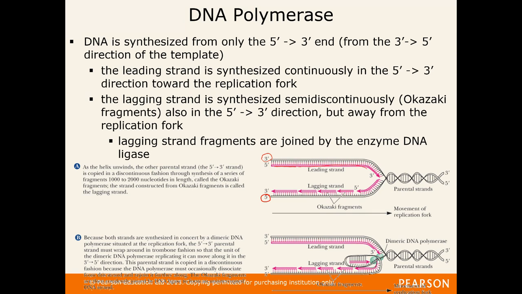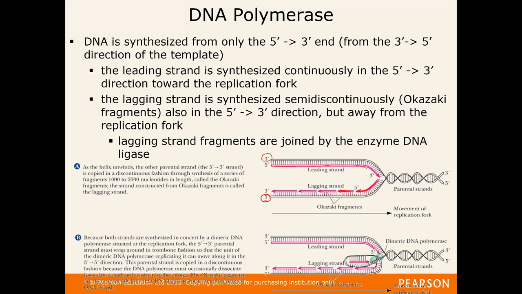Okay. All right. So it's going to go from a 5' to 3' direction. Now, the other strand is more problematic because if you notice, since the parental strand is 5' to 3', the polymerase can't go in that same way. It has to go the other way. So it's going to have to fill in this direction.